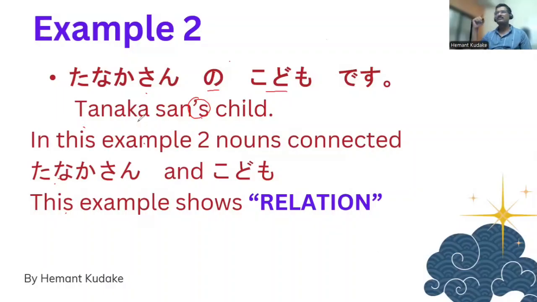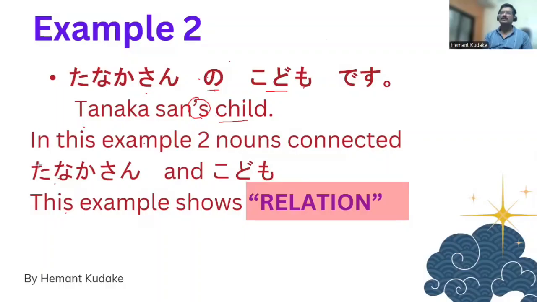So particle no works like the apostrophe s of English. Tanaka-san's child. In Marathi, no is che; in Hindi, no acts like ka, ki, ke: Tanaka-san ka child. So no is used like that. In this example, particle no shows the relation.